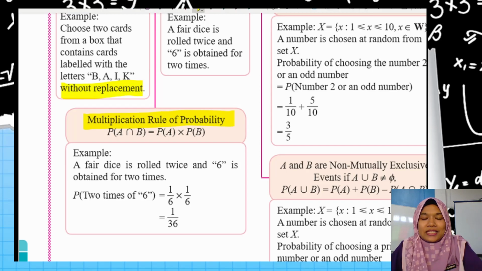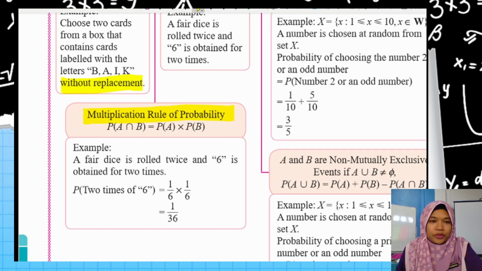The multiplication rule is P(A ∩ B) = P(A) × P(B), when it involves the probability of event A and the probability of event B. This means that you want to get both conditions, so you multiply the probability of event A and the probability of event B.